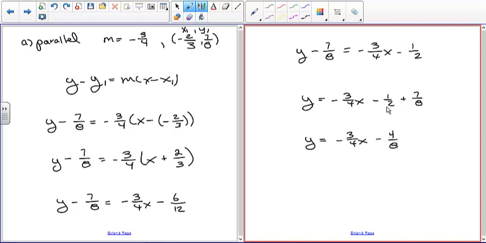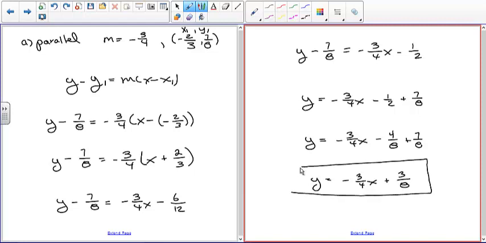So we get 4/8, which simplified is 1/2, plus 7/8. So now we can add them. 7 minus 4 is 3. So we get the first term the same, plus 3/8. And that's the slope-intercept form of the equation that is parallel.